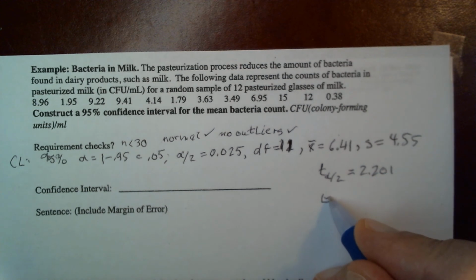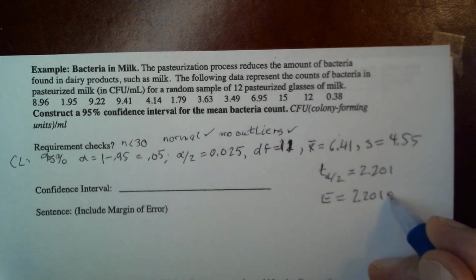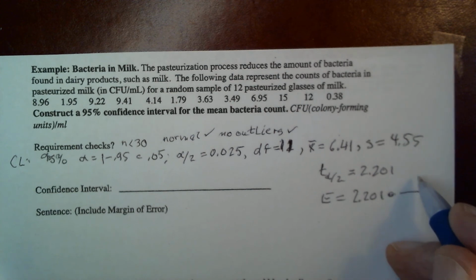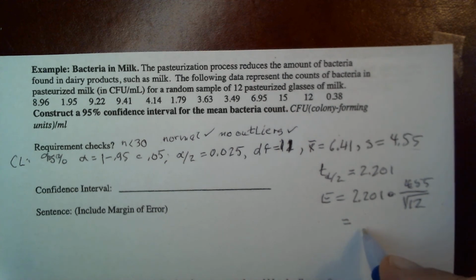Then our margin of error is t sub alpha divided by 2, 2.201, times the sample standard deviation of 4.55 divided by the square root of n, or 12, and that gives us a margin of error of 2.89.